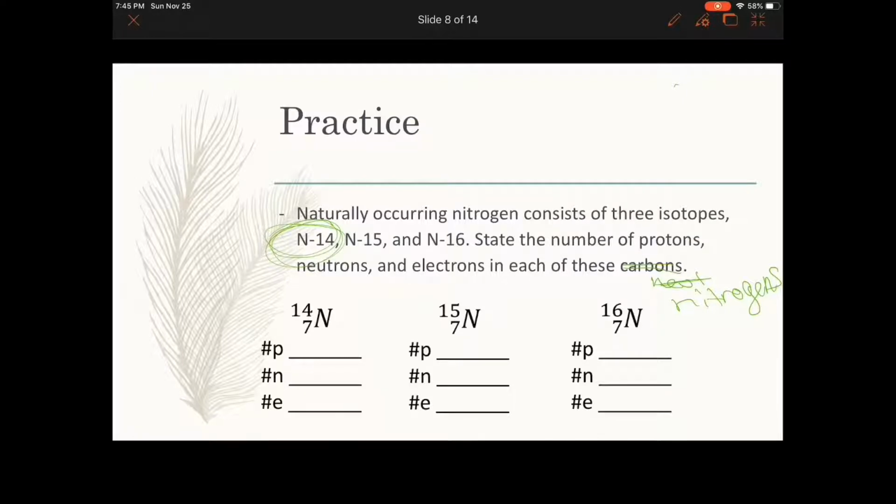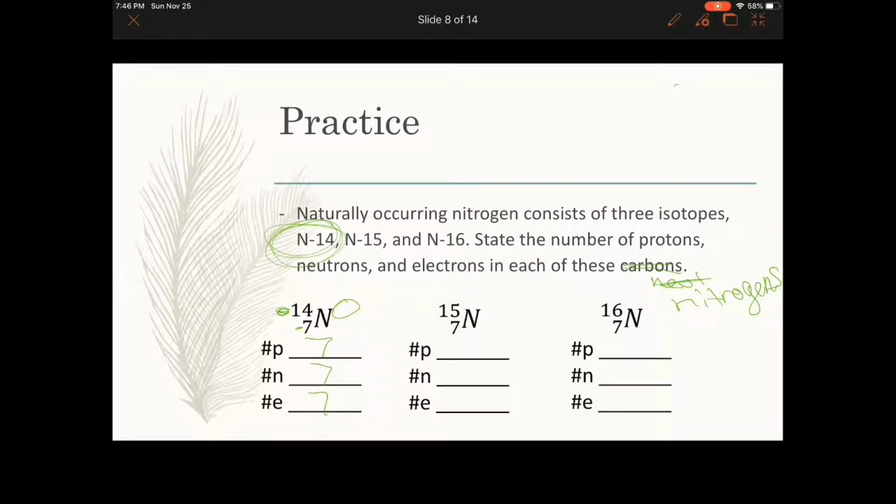Well, we know 7 equals protons, so we're automatically just going to write that right there.